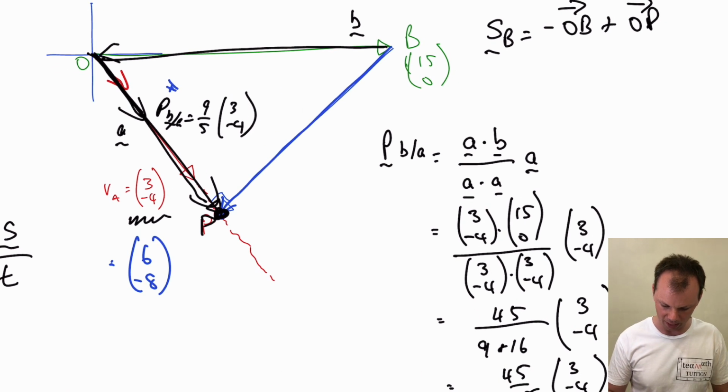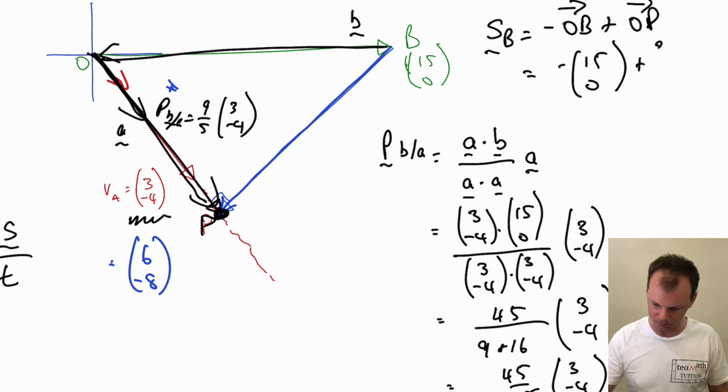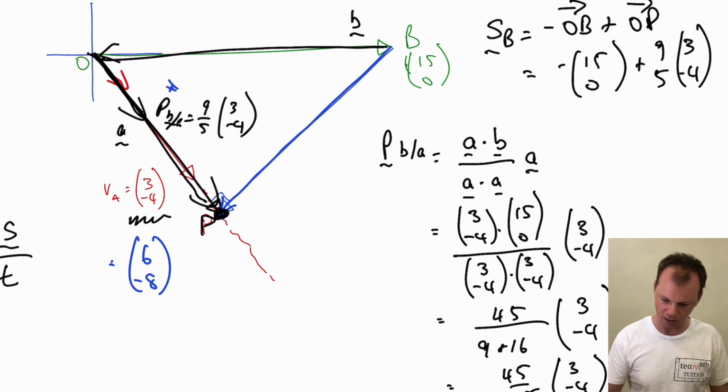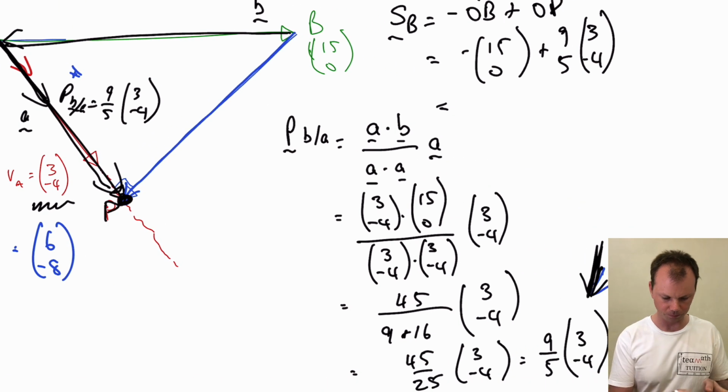We can work that out. Negative OB is just negative 15, 0, plus OP, we know OP, it's down here. So that's going to give us our displacement. So let's work out our displacement.